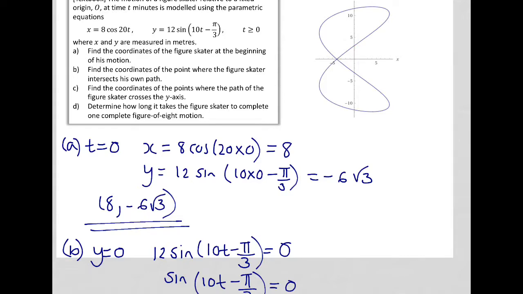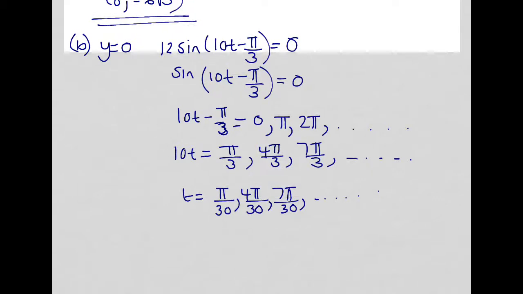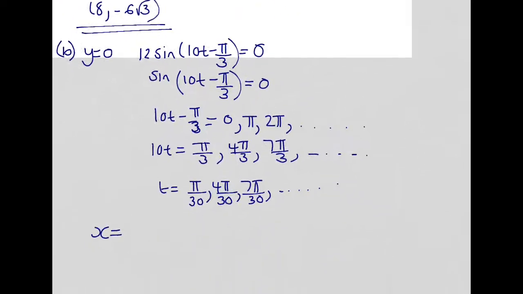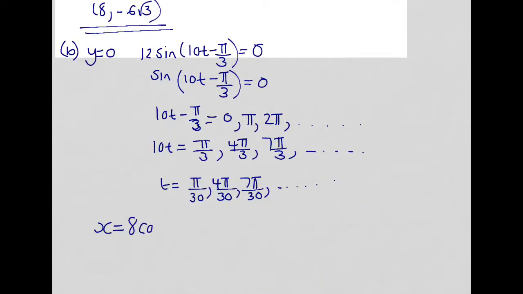But the actual value for x, because remember, x is going to be the same value each time. What is actually changing is the value of t. So if we just choose any one of these and put it back into x, my x equation is 8 cos 20t, so that would be 8 cos of 20 times pi over 30.